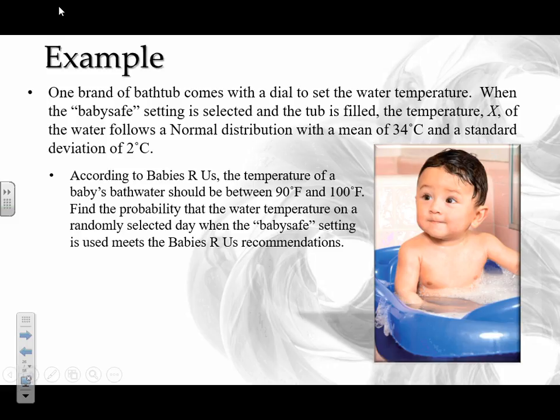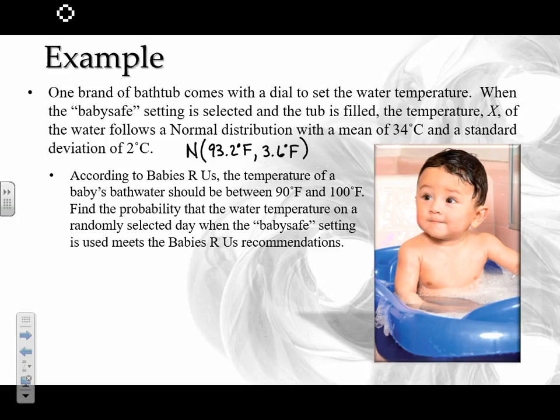So, we had a normal distribution with a mean of 93.2 degrees Fahrenheit and a standard deviation of 3.6 degrees Fahrenheit. We want to calculate the probability that the bath water is actually between 90 degrees Fahrenheit and 100 degrees Fahrenheit.